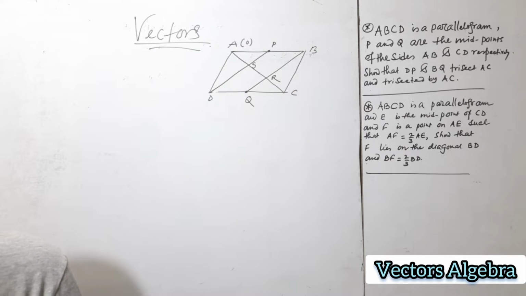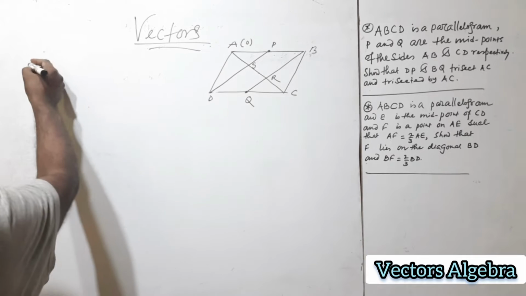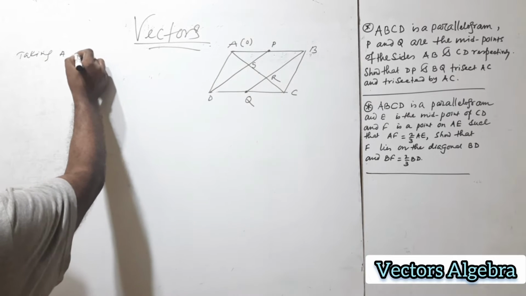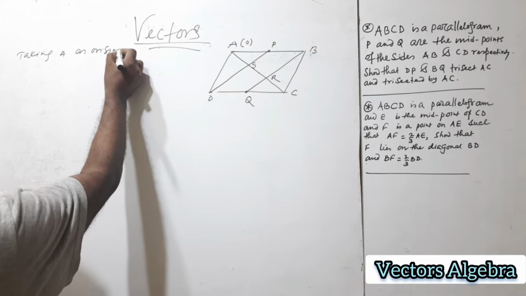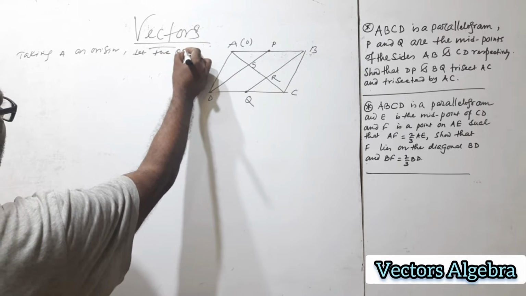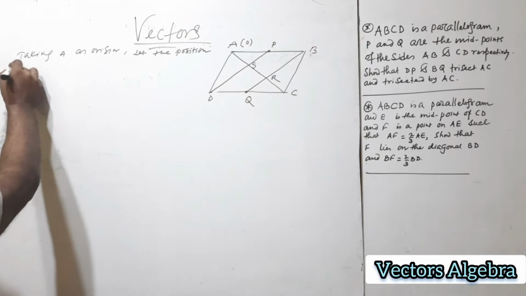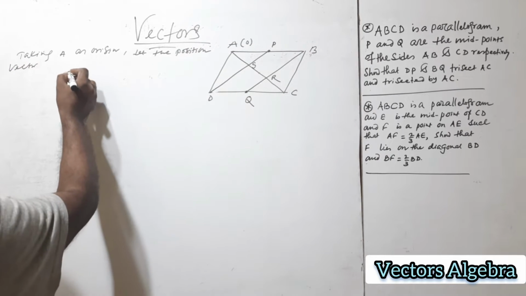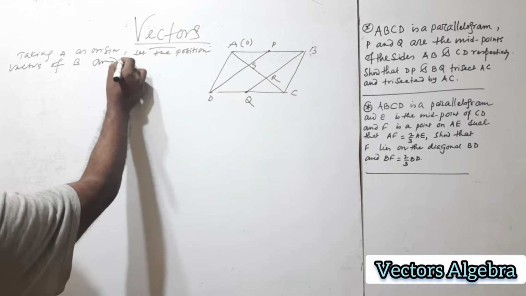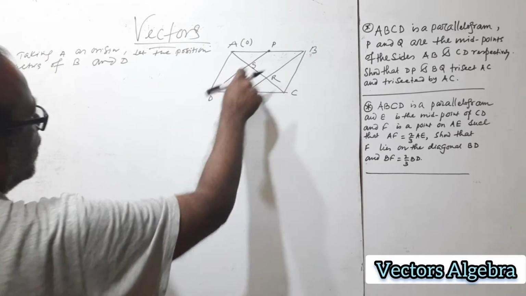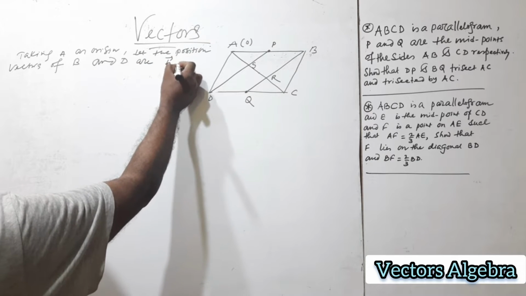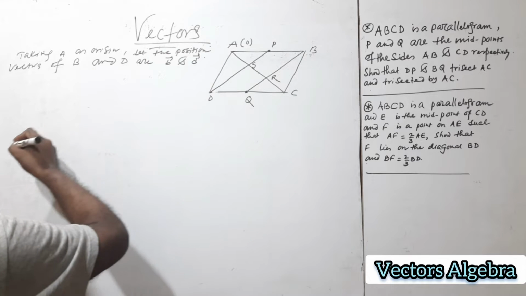Now, taking A as the origin, let the position vectors of B and D be small b and small d respectively.